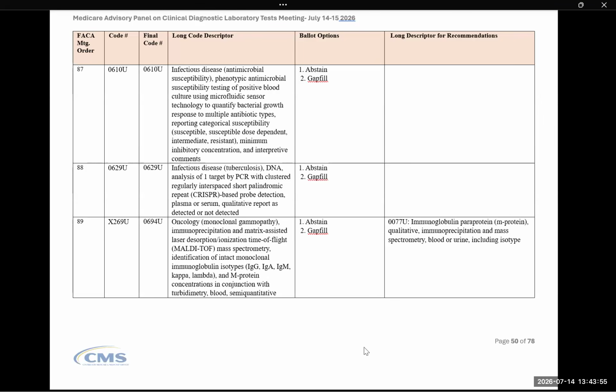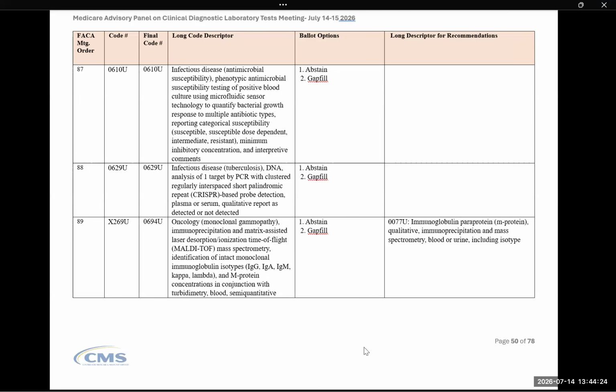Panel members, does anyone have any questions from the panel or from CMS about this code? All right. With that, panel members, please cast your votes on this code. Okay.